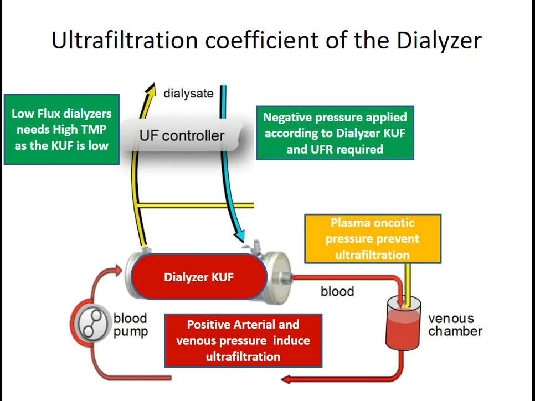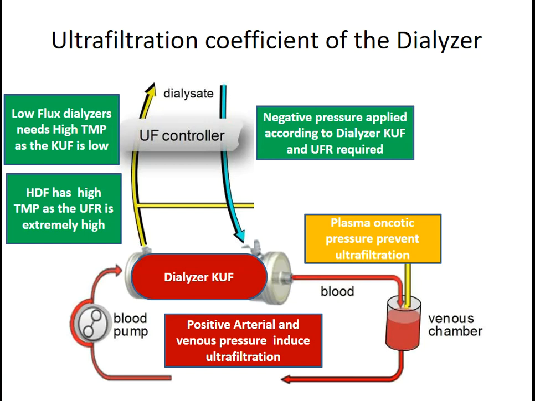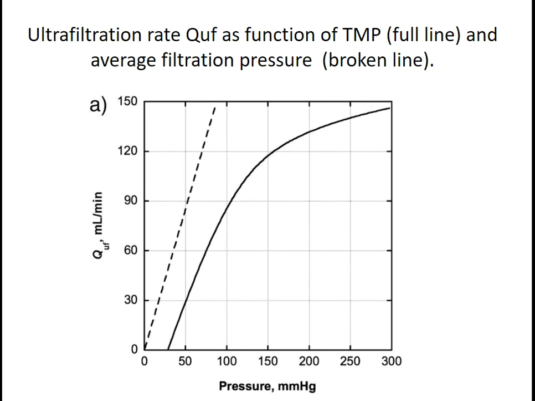Low flux dialyzers need high transmembrane pressure as the KUF is low. Hemodiafiltration has very high transmembrane pressure as the ultrafiltration rate is extremely high. In high flux dialysis, the ultrafiltration rate as a function of the transmembrane pressure is not linear.